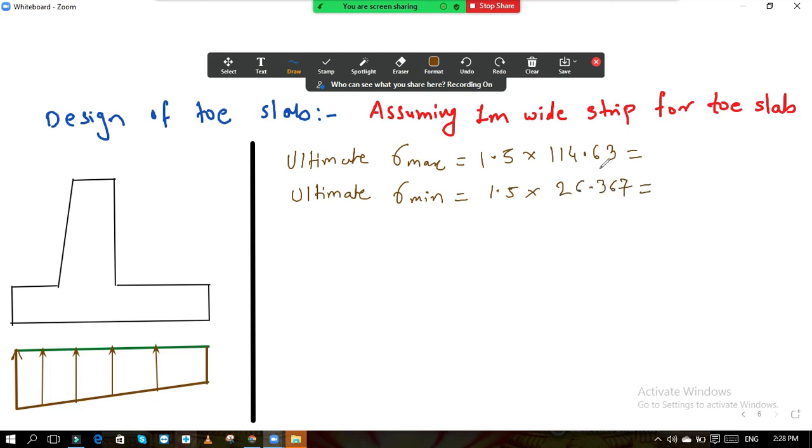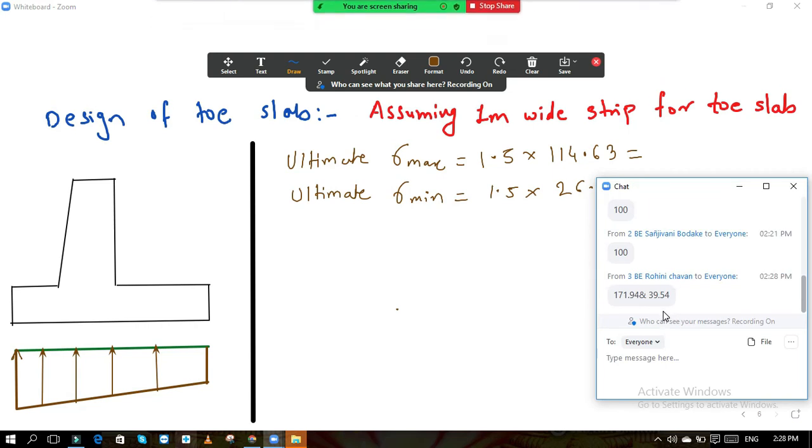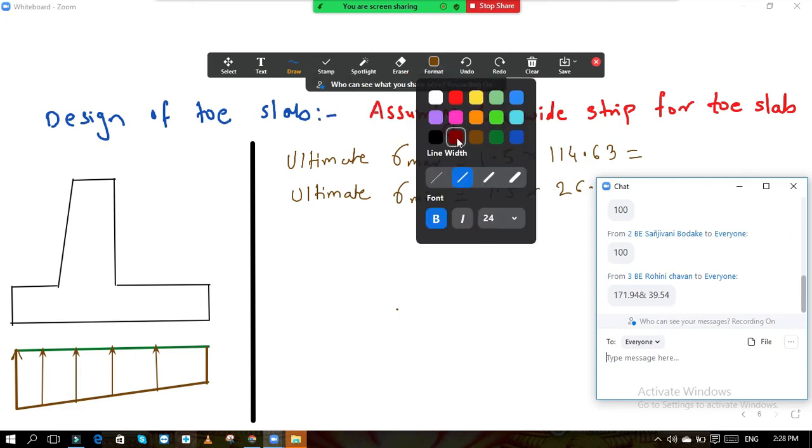Let me know the values. It is 171 and 39. Okay, so I will write over here first.